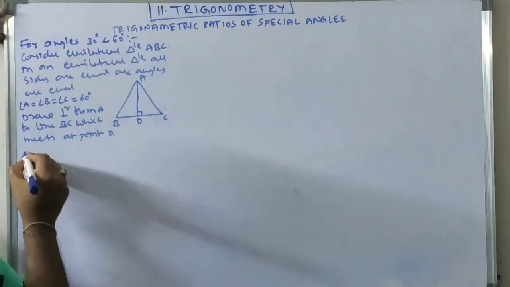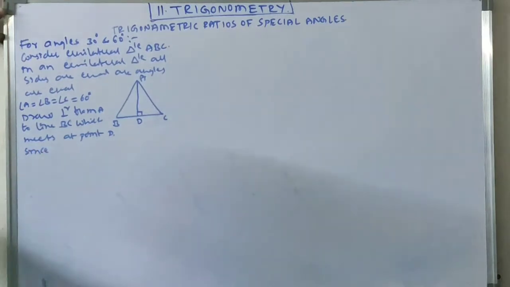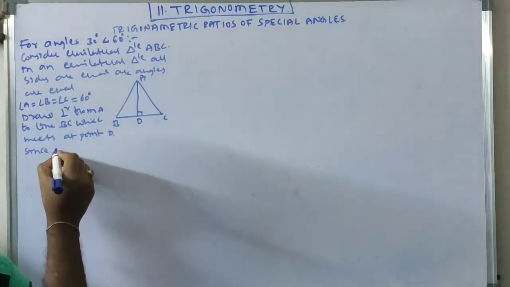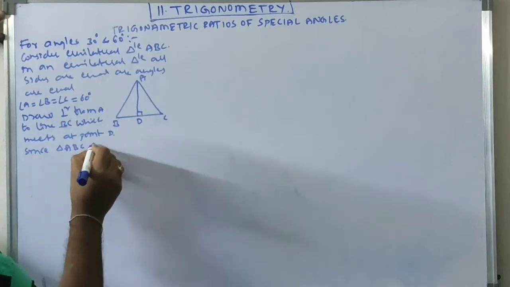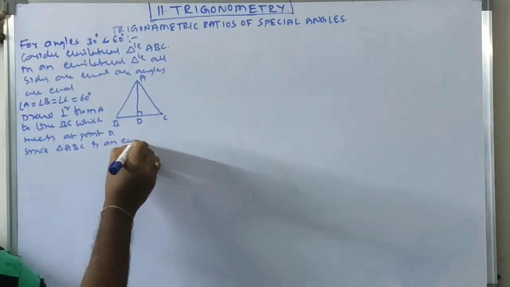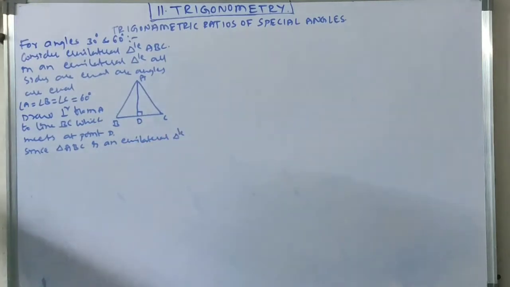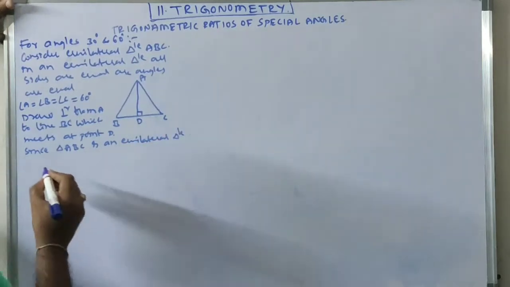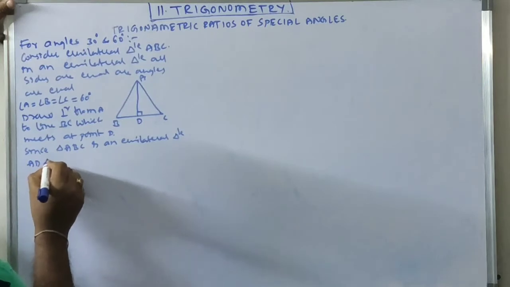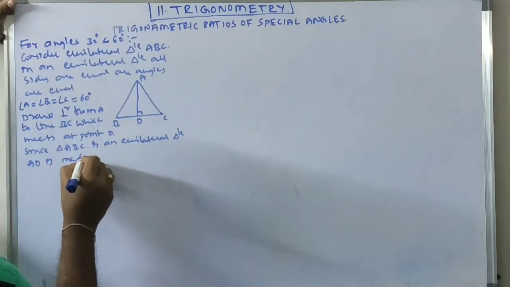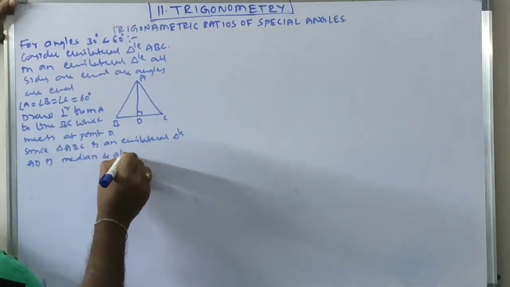Since triangle ABC is an equilateral triangle, AD is a median and altitude.